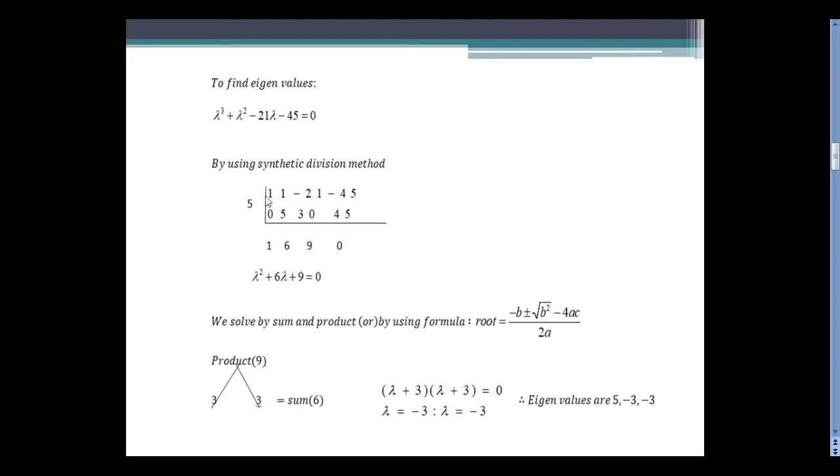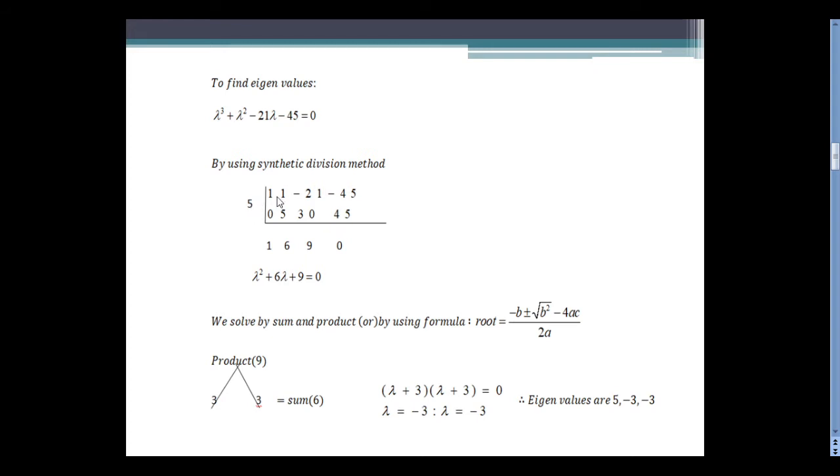Now we can select any number starting from 1 and check whether it satisfies the equation. How to check? By substituting that number in this equation we should get 0. That means the equation is satisfied by the element. Checking 1, -1, 2, -2, I have taken here 5.